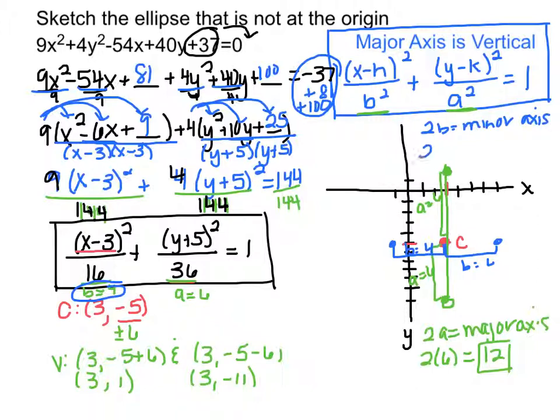In our case, 2 times 4 equals 8. So the length of the minor axis is a distance of 8. Now all I have to do is make a curve around this, and I have now sketched the ellipse where the center does not fall at the origin.